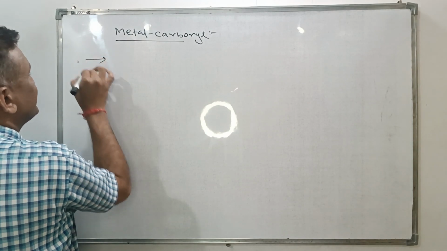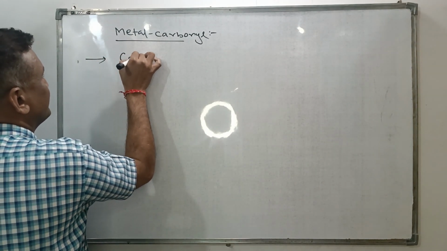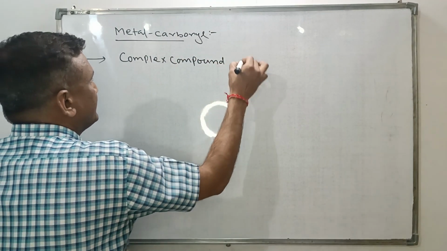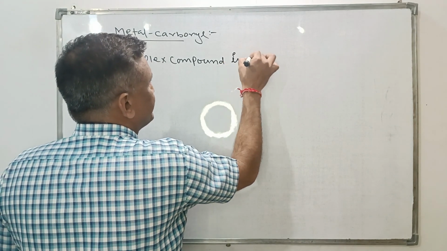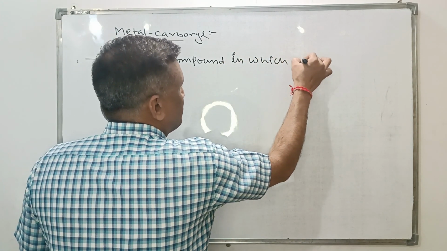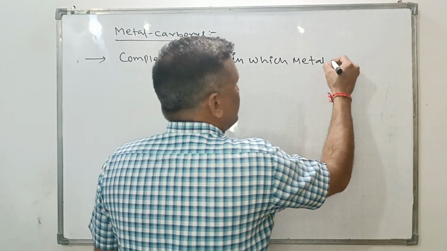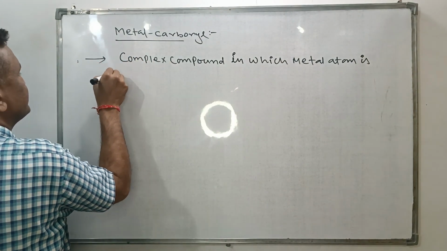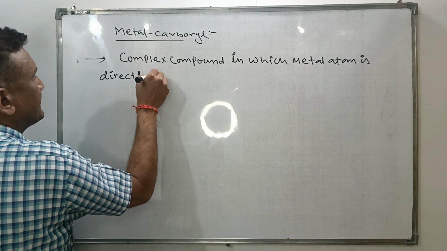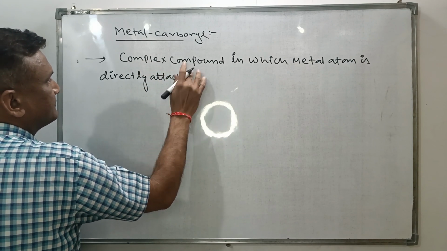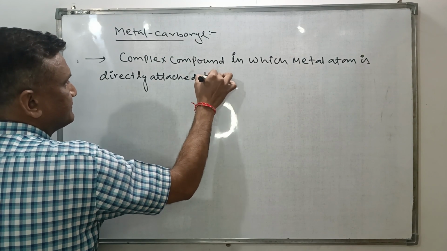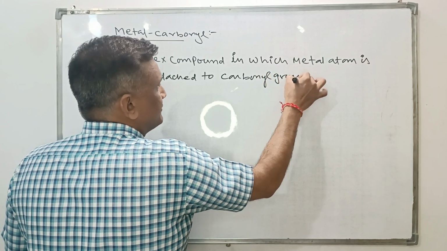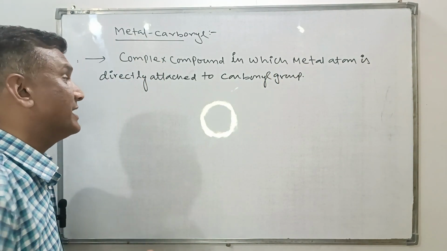You can say a complex compound in which the metal atom is directly attached to the carbonyl group. Those are known as metal carbonyl.